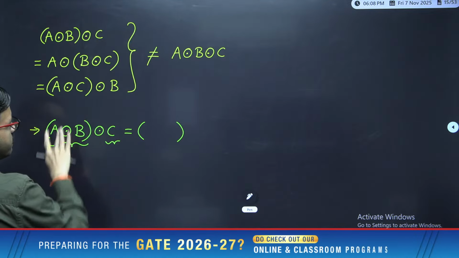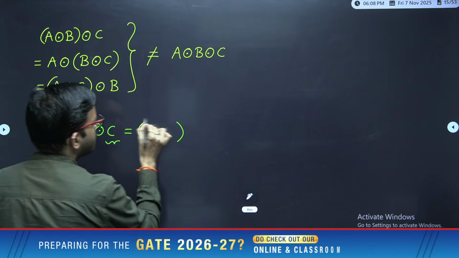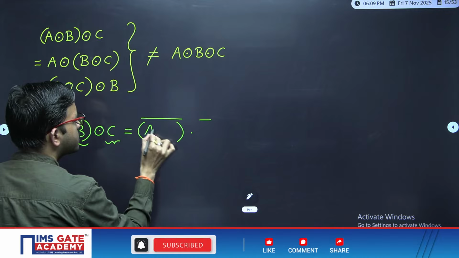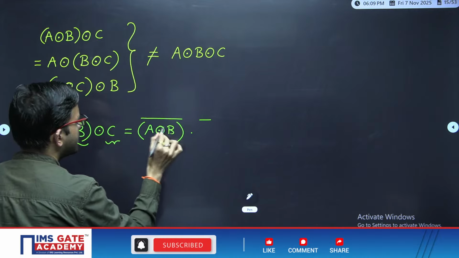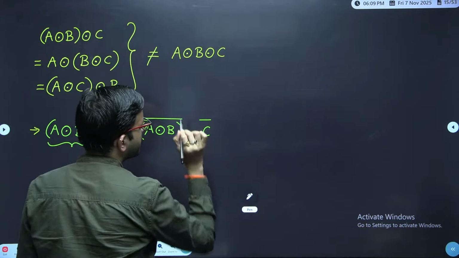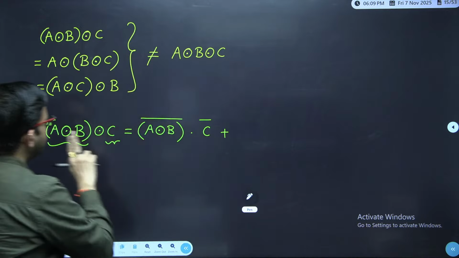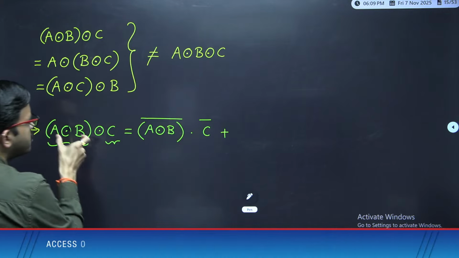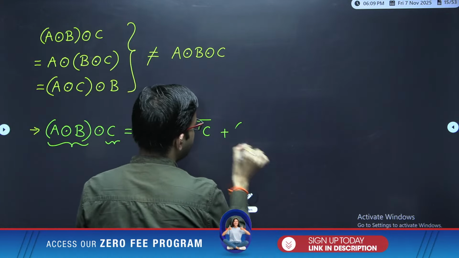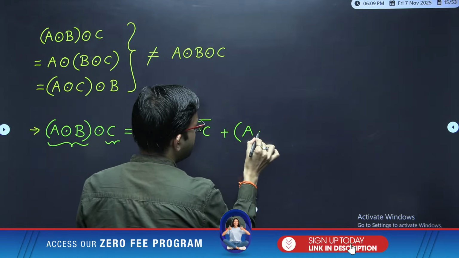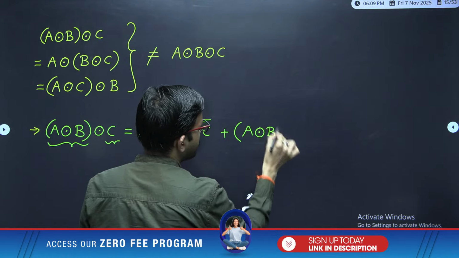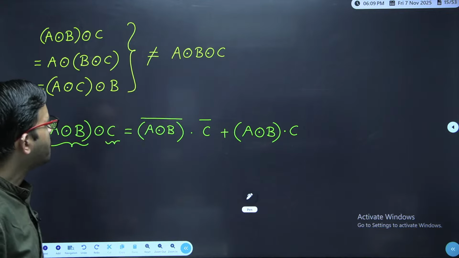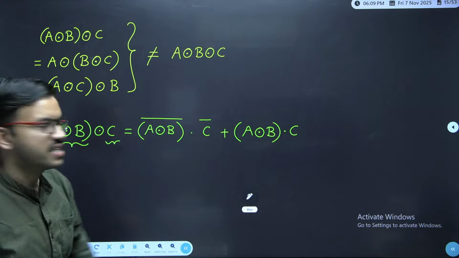So the first term A XNOR B complement and the second variable also complement, so A XNOR B and then C. Just like x exclusive NOR y is nothing but x bar y bar plus x into y. x into y means both are normal. So accordingly you can write A XNOR B and then C. I hope it is clear up to this point. x bar y bar plus xy format.